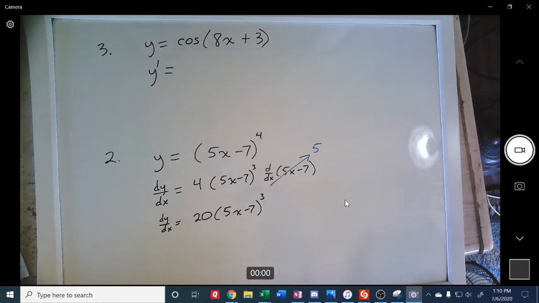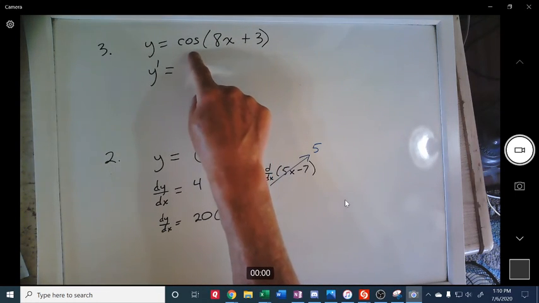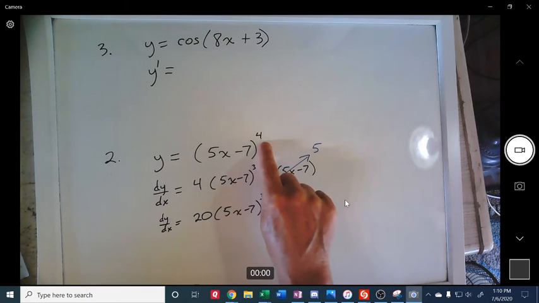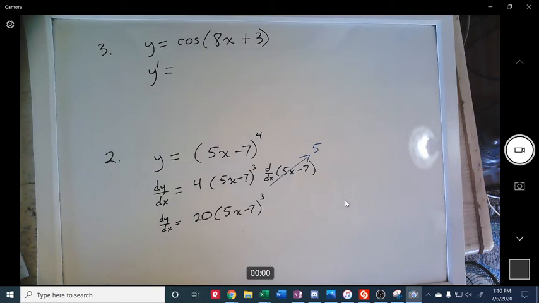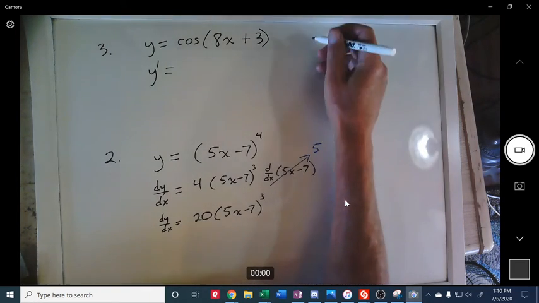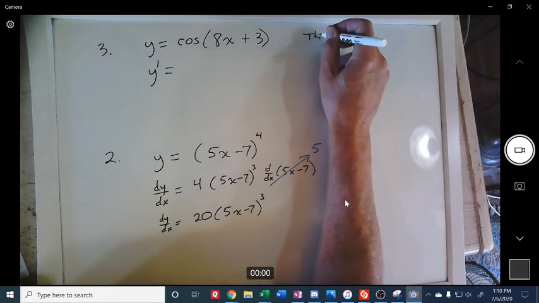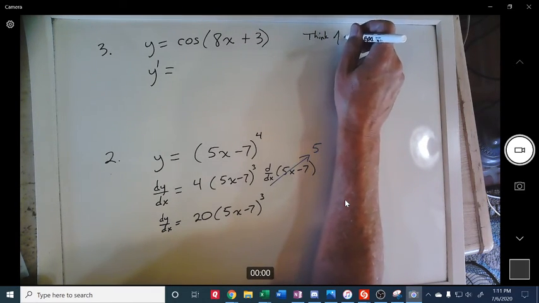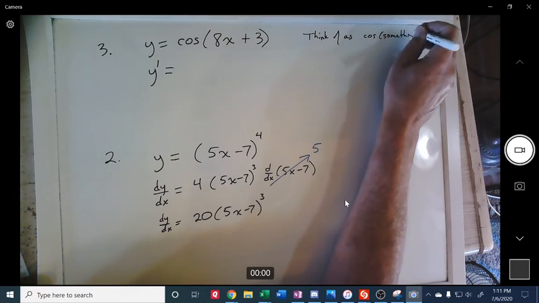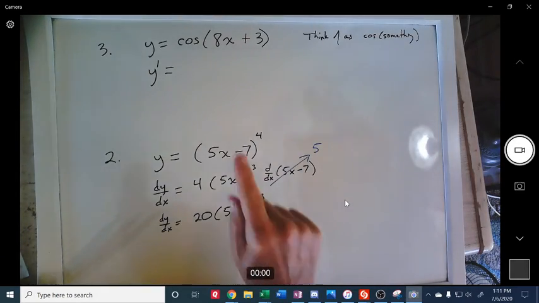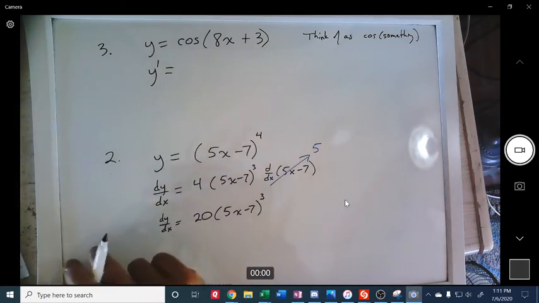So if cosine is the outermost function, that's the thing I take the derivative of first, just like I took the derivative of something to the fourth. So I think of this as cosine of something. And then when I take the derivative, I'm going to be getting the negative sign.